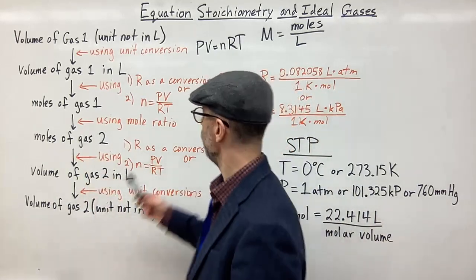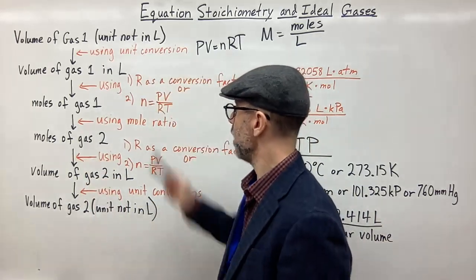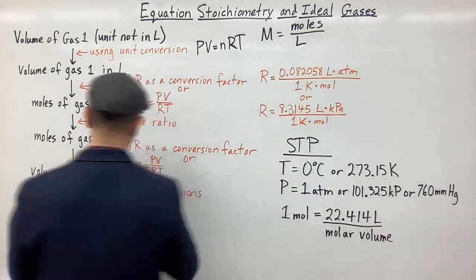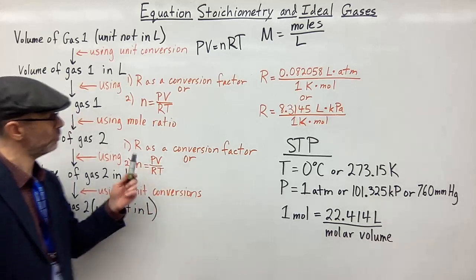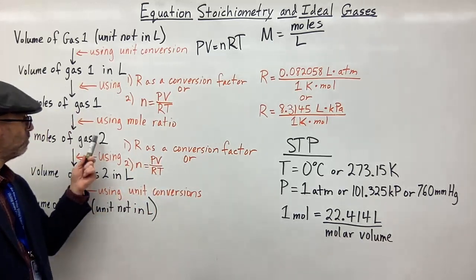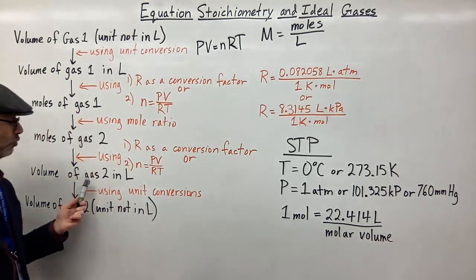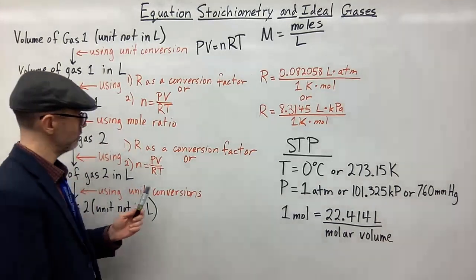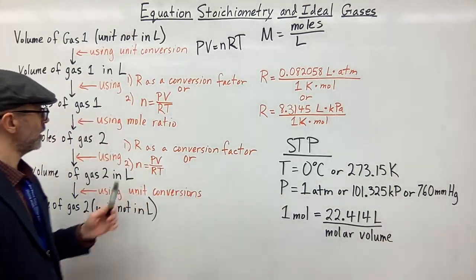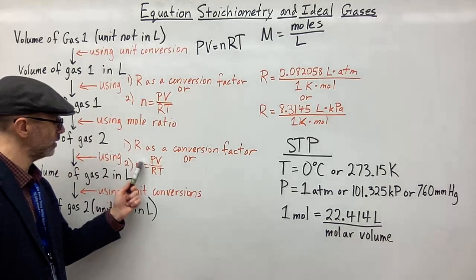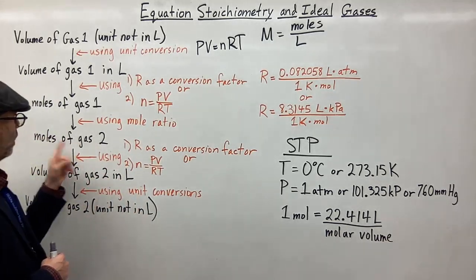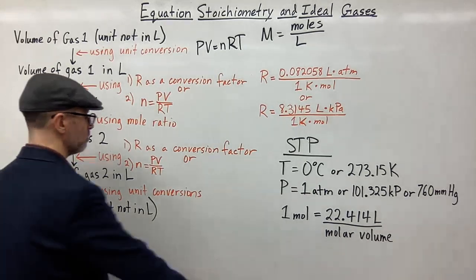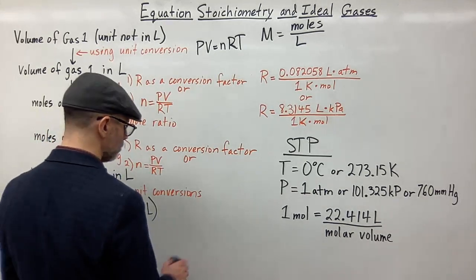And again, go back to the two possibilities. I can either use R as a conversion factor again to help me convert my moles of gas to liters of the gas, or I can just take the moles and solve for the volume of the gas. So let me fix this.